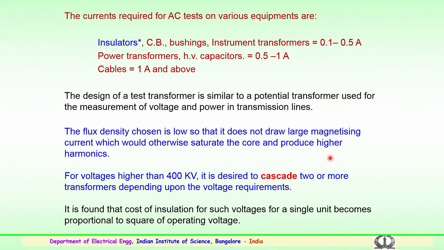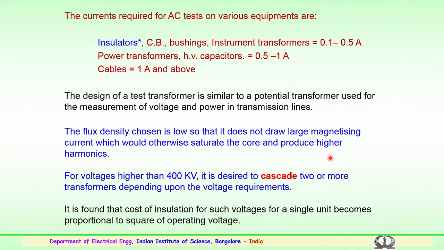For voltages higher than 400 kV, it is recommended to go in for cascading the transformers for testing, either cascading 2, 3 or more units depending upon the voltage requirements for the test.